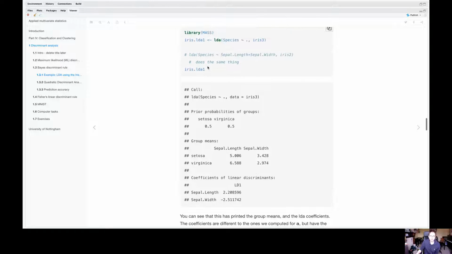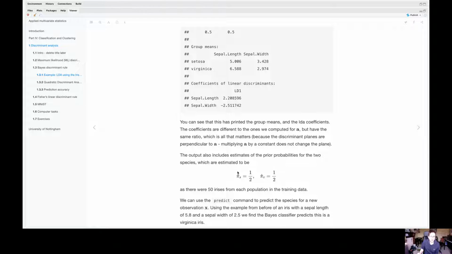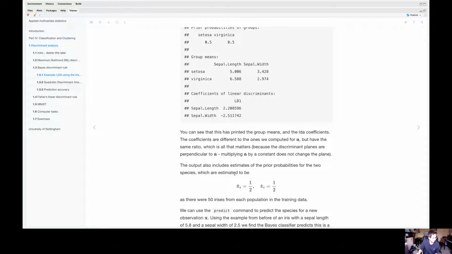If we look at the output from this, it tells us what model we fit. The first thing it gives us is an estimate of the prior probabilities of the groups. In the Bayes classifier, these are the pi k values. In this case, we've got 2 species, so we've got 2 values for pi. Remember, we said we'd estimate them by the number of observations in that group divided by the total number of observations.